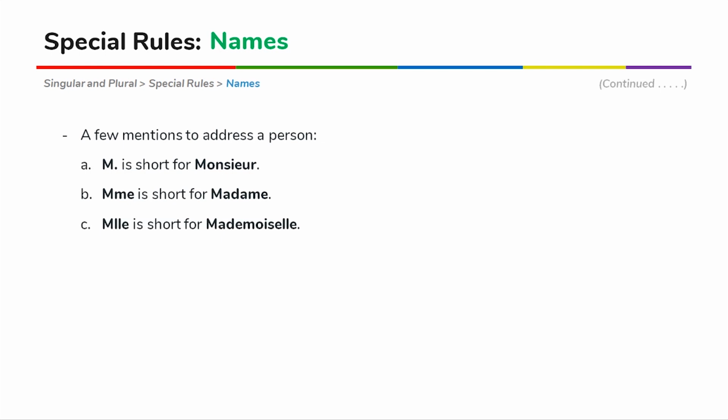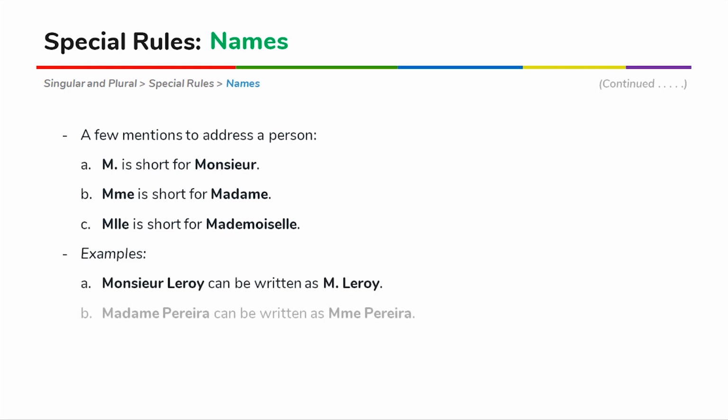Mlle is short for Mademoiselle. Example: Monsieur Leroy can be written as M. Leroy. Madame Pereira can be written as Mme Pereira. Mademoiselle Lillian can be written as Mlle Lillian.